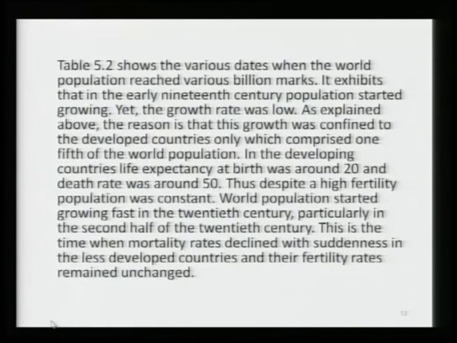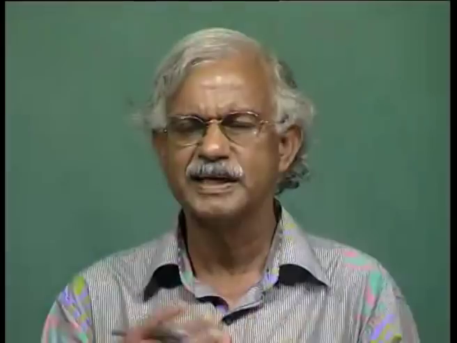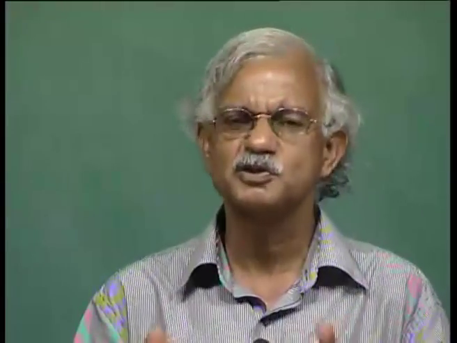This is the time when mortality rates declined with suddenness in the less developed countries and their fertility rates remained unchanged. If you closely look at the history of decline in death rate, what happened in Europe in nearly 300 years, from the beginning of 18th century to the beginning of say 21st century, was very close to what happened in just a decade or 2 decades in less developed countries.